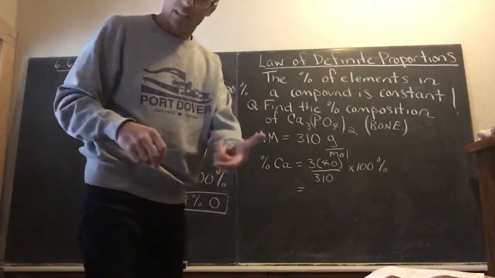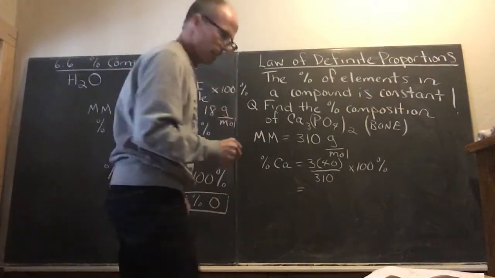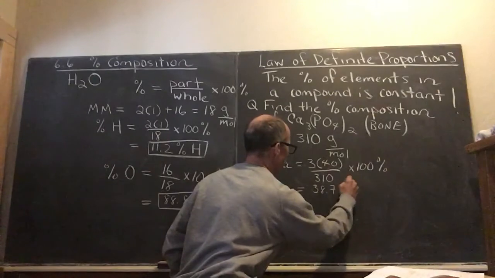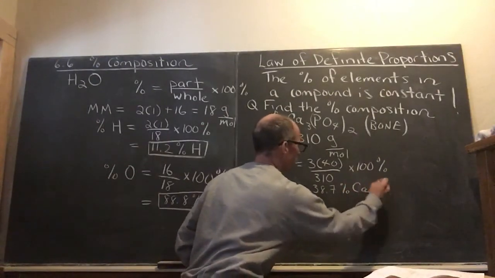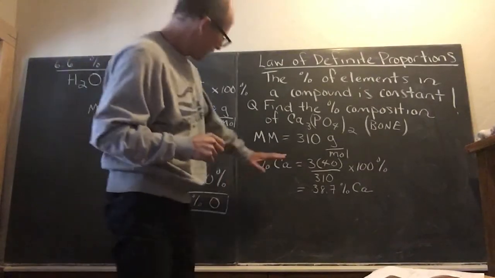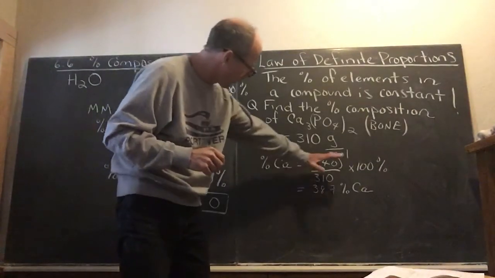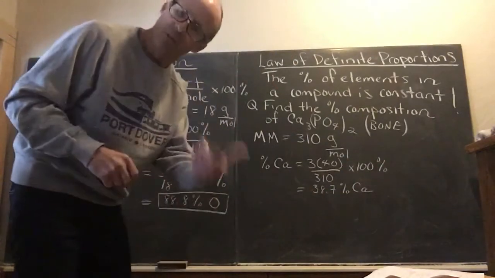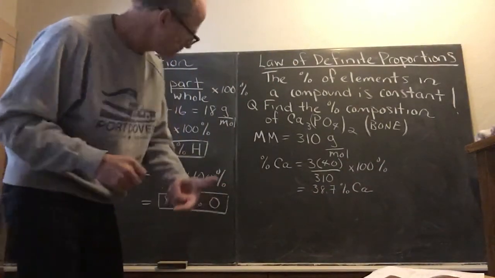And again, I've already done the math on this. It ends up being 38.7% calcium by mass. Pretty straightforward. Again, the percent of the element is equal to the part divided by the whole times 100%. Just like the test out of 20.